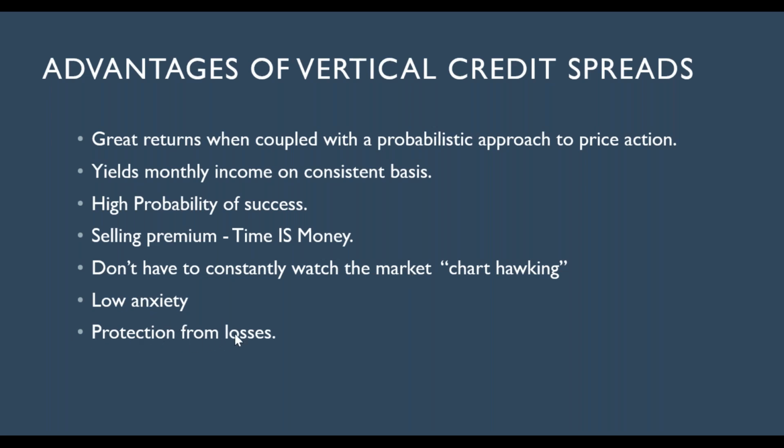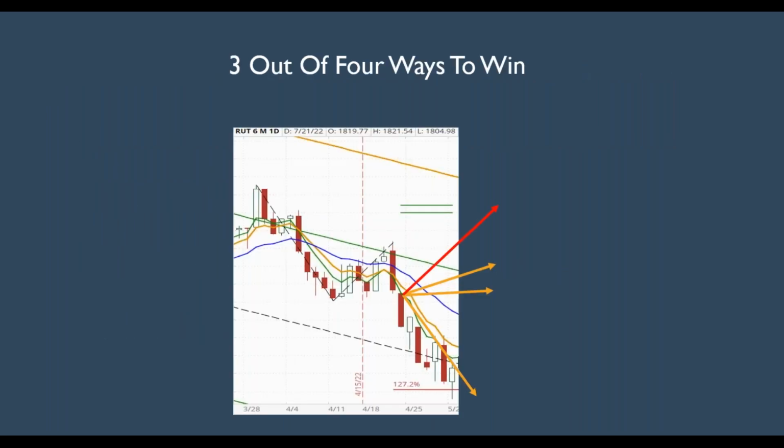Of course, we have protection against loss because of the credit spread. You're selling an option out of the money and then buying one further out of the money for protection. The nice thing about credit spreads is it's just the conservative trade, and I love that.